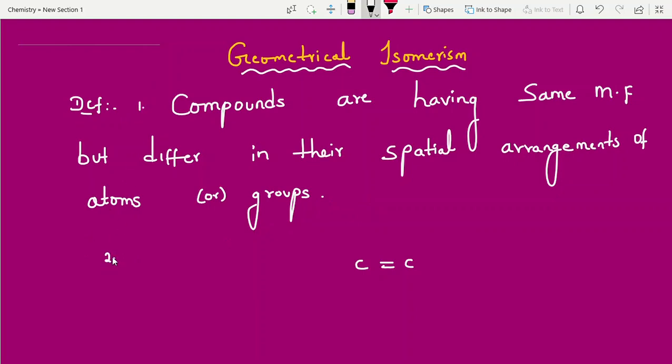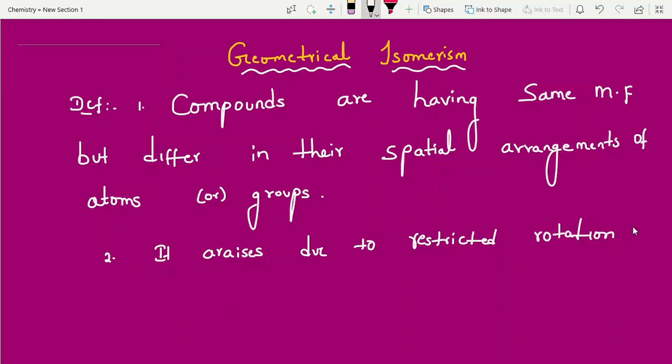Next, point 2: it arises due to restricted rotation of C double bond C. Whenever a double bond is there, it is not possible to rotate freely.